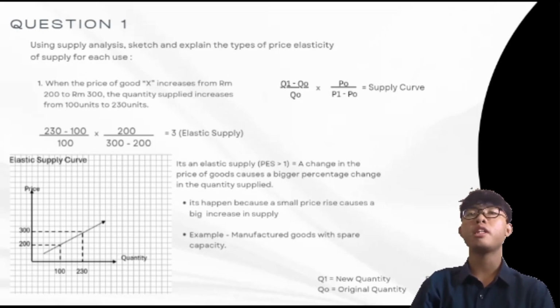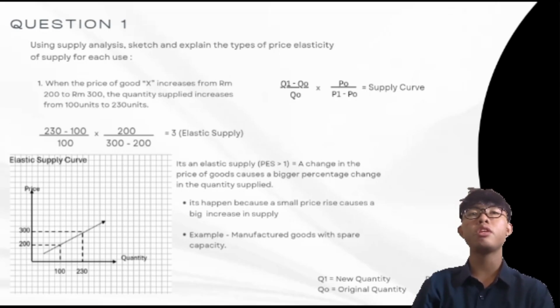Q1 means the new quantity and Q0 equals the original quantity, while P0 equals the original price and P1 equals the new price. So we put the quantity first, then the price.